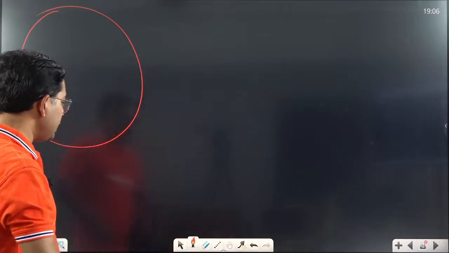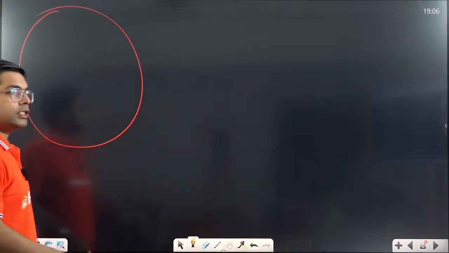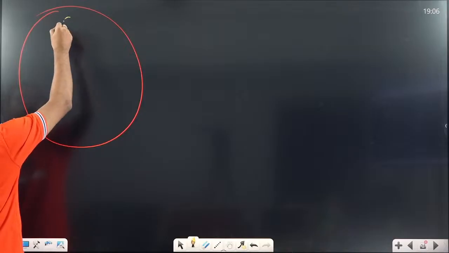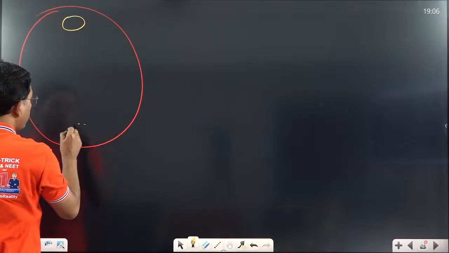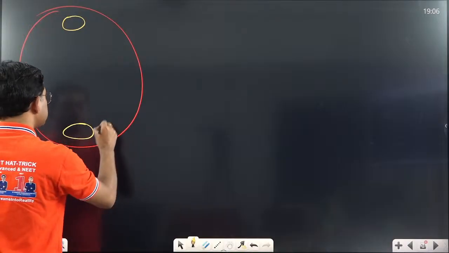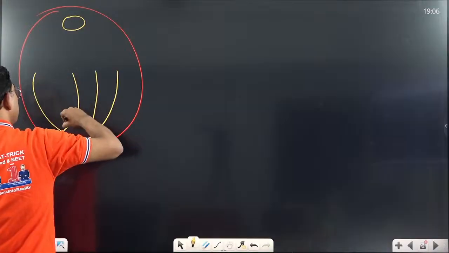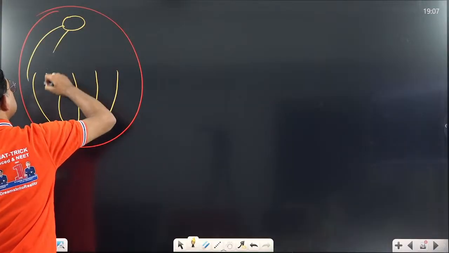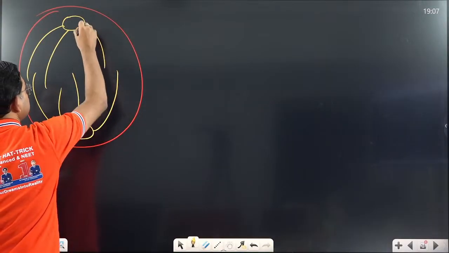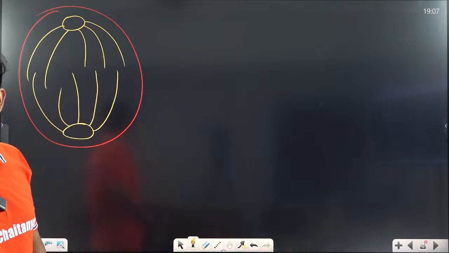When you see cell division, inside the cell you see a spindle is formed. So on the two poles, what is present? It is the centrosome which is present, through which the spindle apparatus is formed. Is it clear?